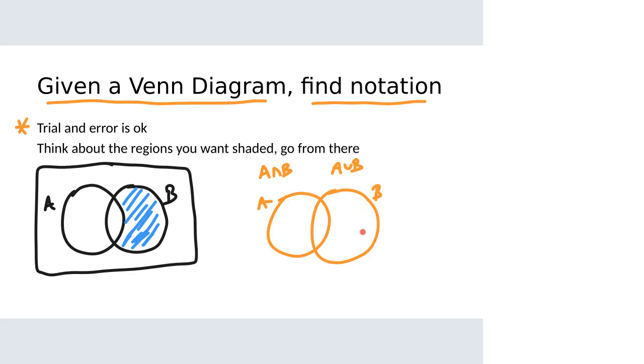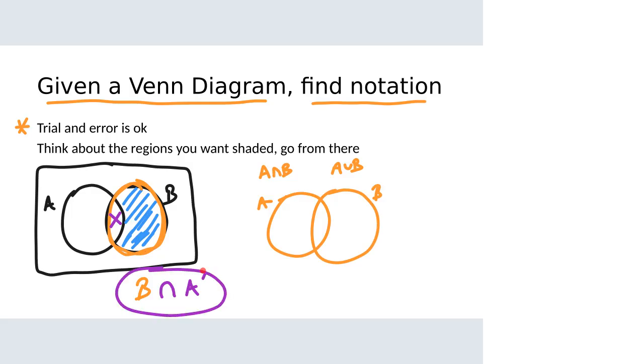And then I kind of look at the picture and I think to myself, wait a minute, what is it that's shaded here? Well, it's everything that's inside B, but outside of A. I don't want any of A to be included. So it's inside B and outside of A. Let's see if that works or not.